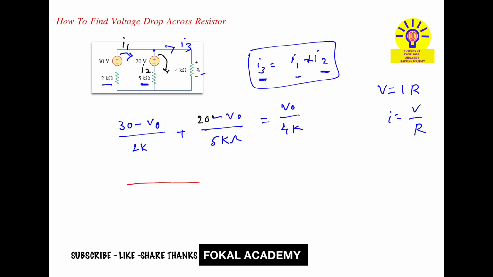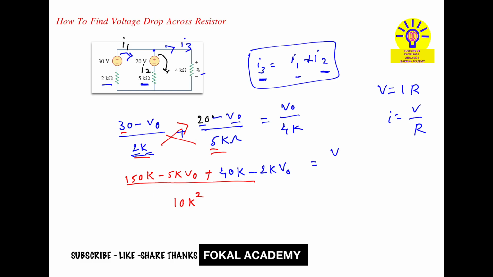First of all, take the LCM here, that is 2k into 5k, nothing but 10k square. Now apply cross multiply. So 5 into 30 is 150k minus 5k V0, plus next cross multiply with 2k, and we will get 2 into 20, 40k, minus 2k into minus V0, that is minus 2k V0.